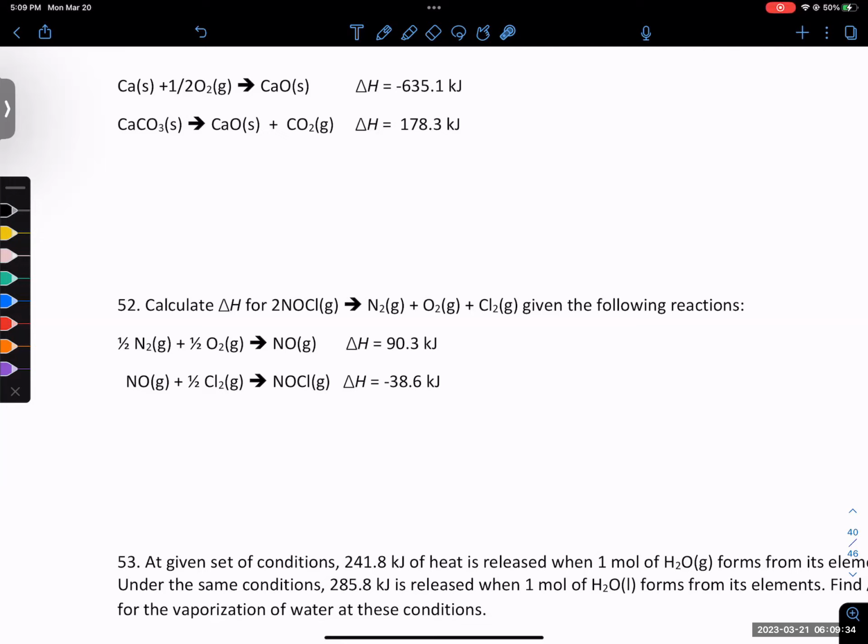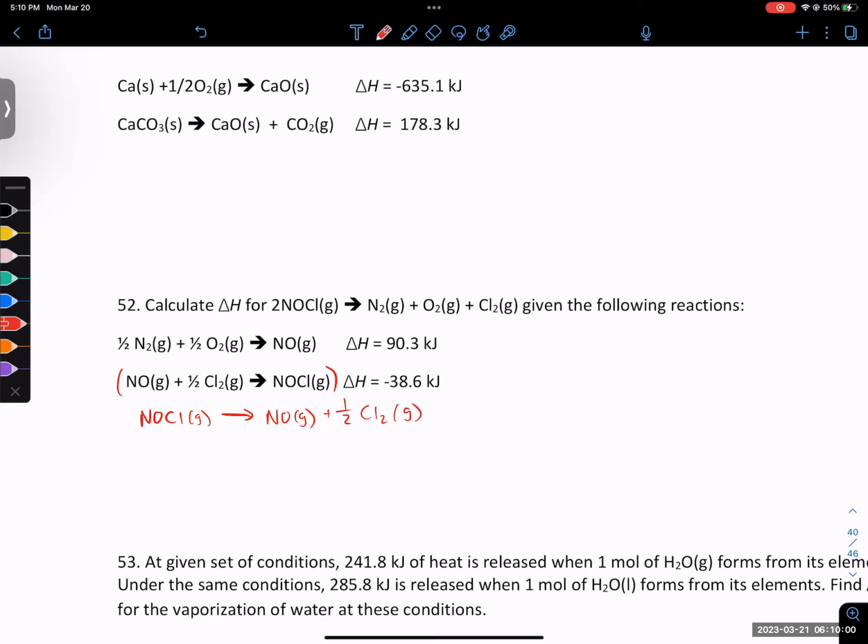So we're gonna flip it. And the way we show that we're doing it is, I just normally rewrite it. So NOCl gas is now converted to NO gas and half of a mole of chlorine gas.